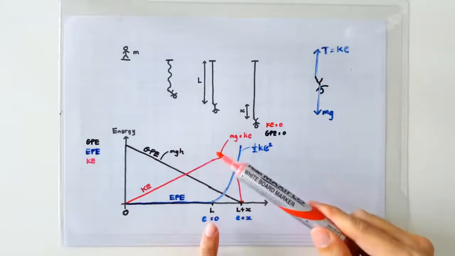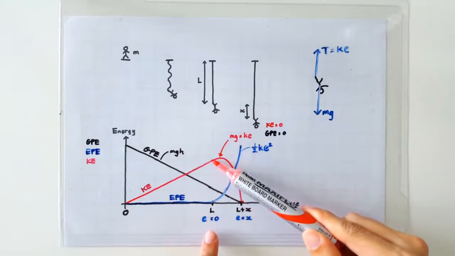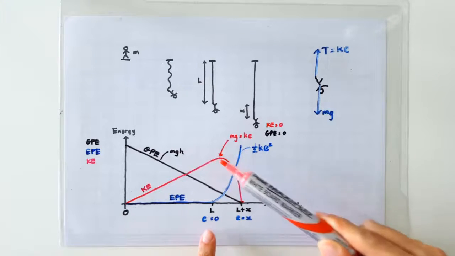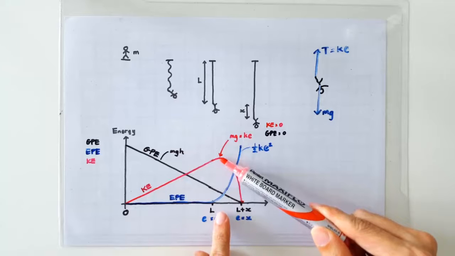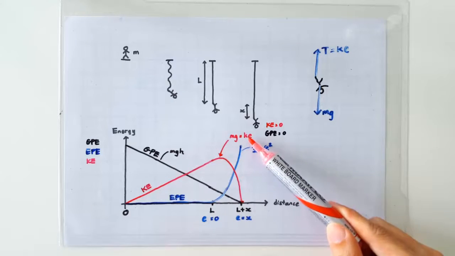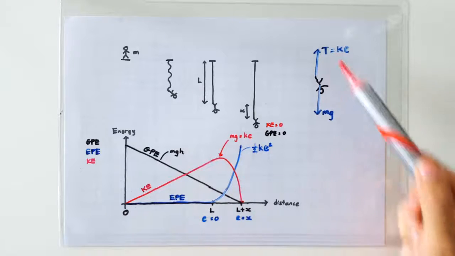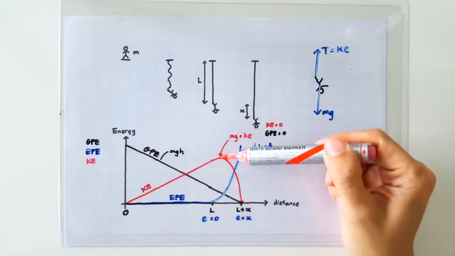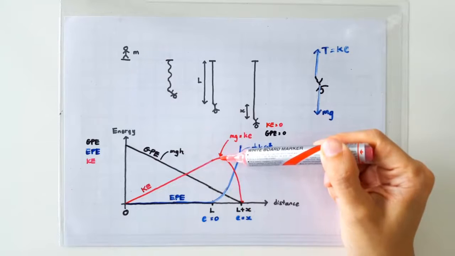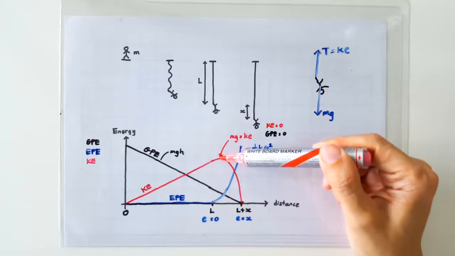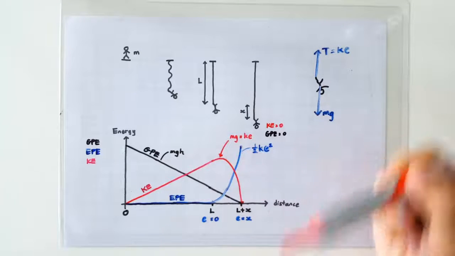That's why the maximum KE is not reached here, when the net force acting on the jumper is still downward mg, but here, when the rope is sufficiently stretched such that the tension in the rope matches the downward weight. Beyond this point is when the tension is larger than the weight, when the bungee jumper starts to experience an upward net force, and that's when the jumper starts to slow down.